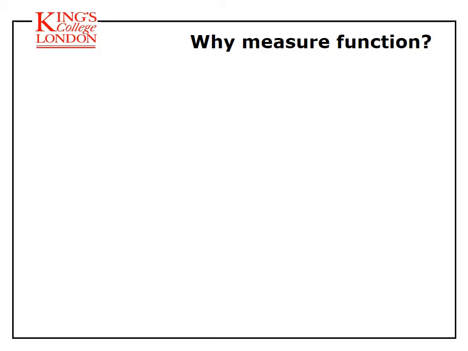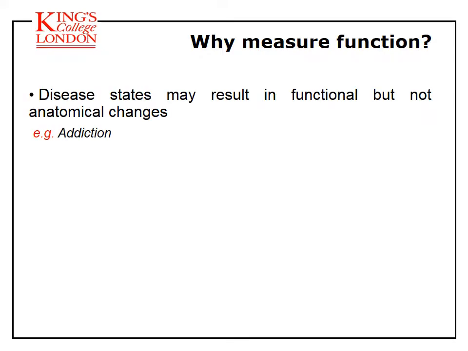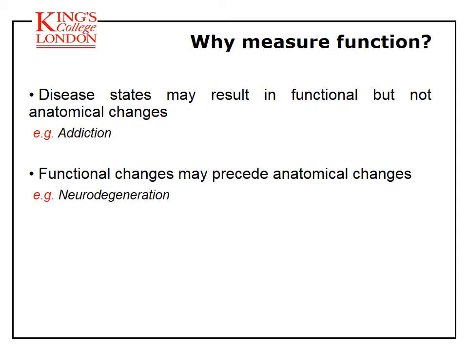So, why is it important to measure brain function in the context of mental health? The first reason is that brain disorders may not necessarily show structural deficits. As an example, addiction does not generally demonstrate any specific brain structural change. The second reason is timing. Functional changes generally precede structural changes.